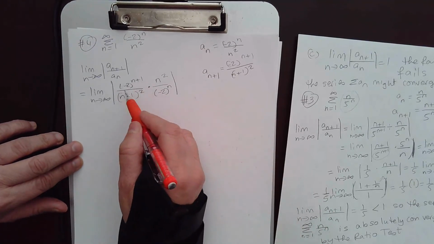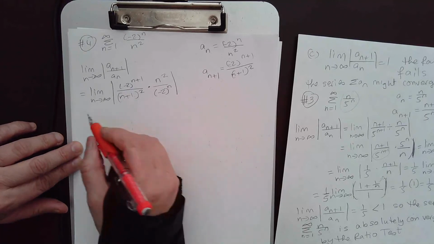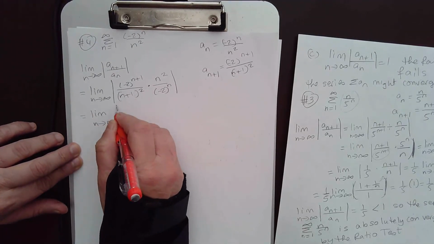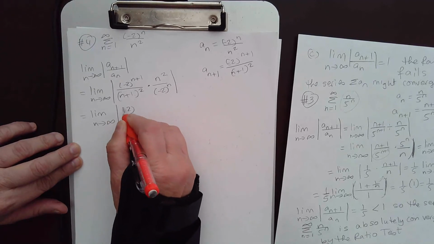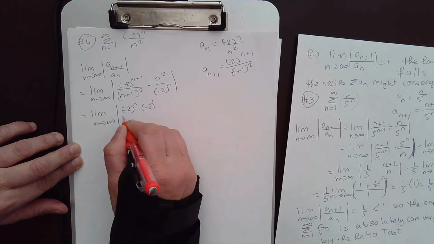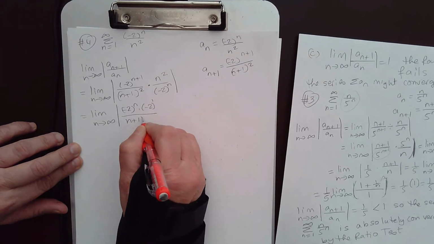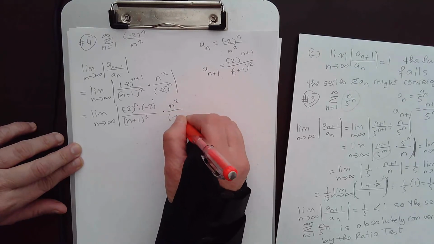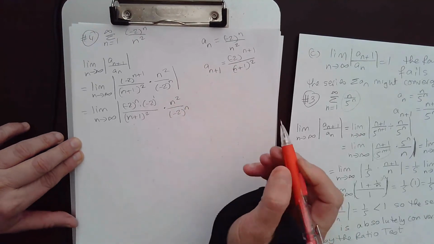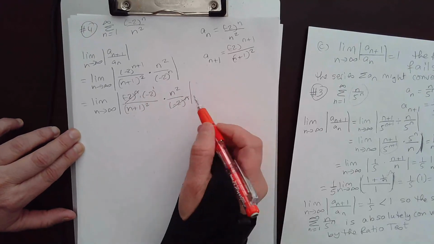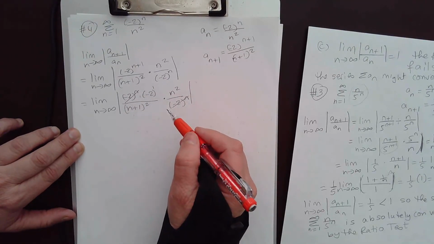This is the same as negative 2 to the n times negative 2. So this is the limit as n approaches infinity of negative 2 to the n times negative 2 to the 1, over (n plus 1) squared, times n squared over negative 2 to the n. So you see this is going to cancel out here. You have negative 2.